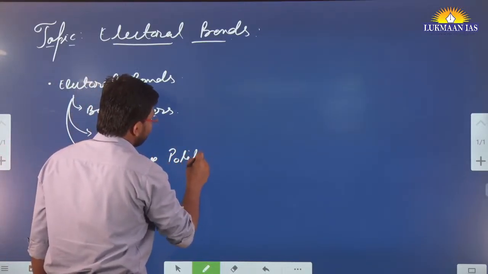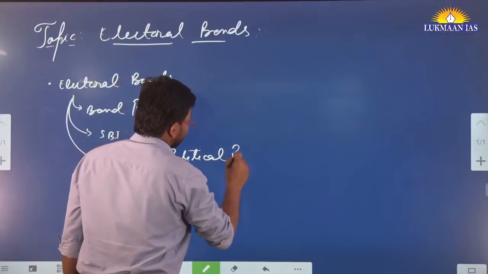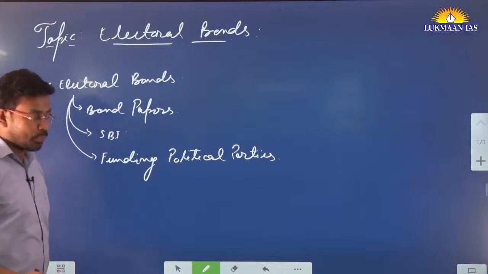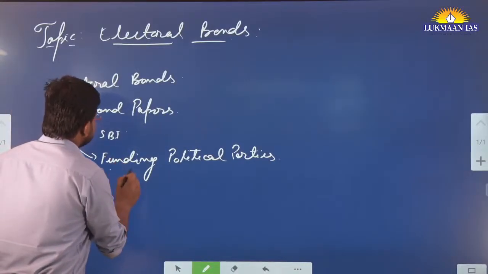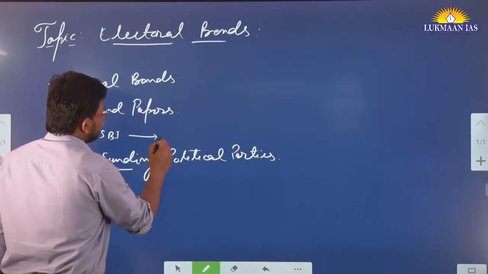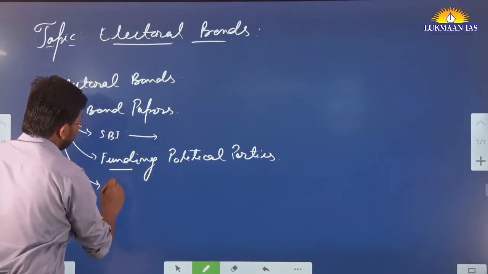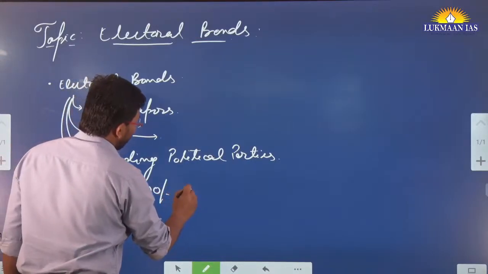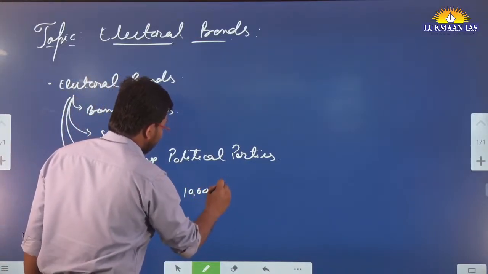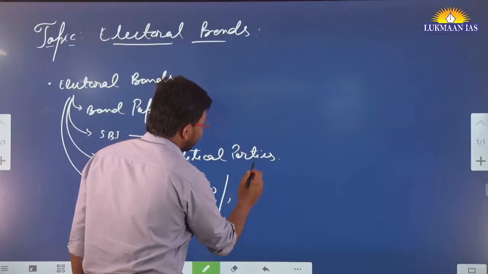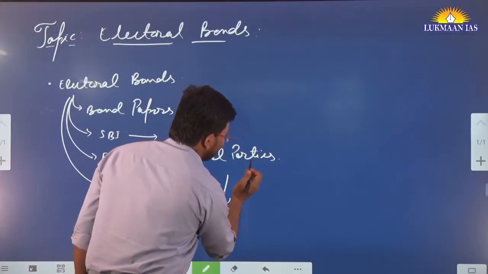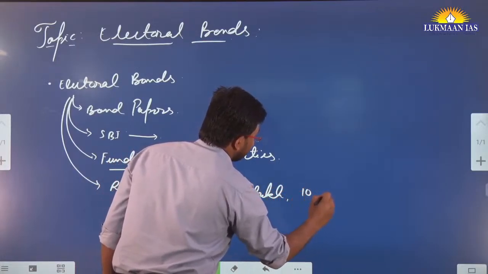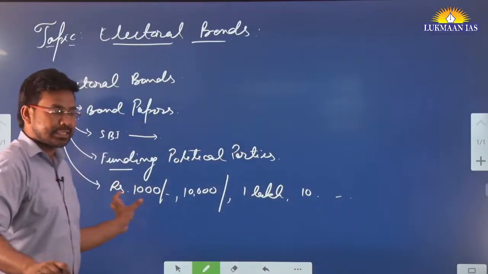So if you want to make a donation to political parties, you can do so through these electoral bonds, and they come in denominations of 1,000 rupees, 10,000 rupees, 1 lakh, 10 lakh and even a crore. So it has various denominations.